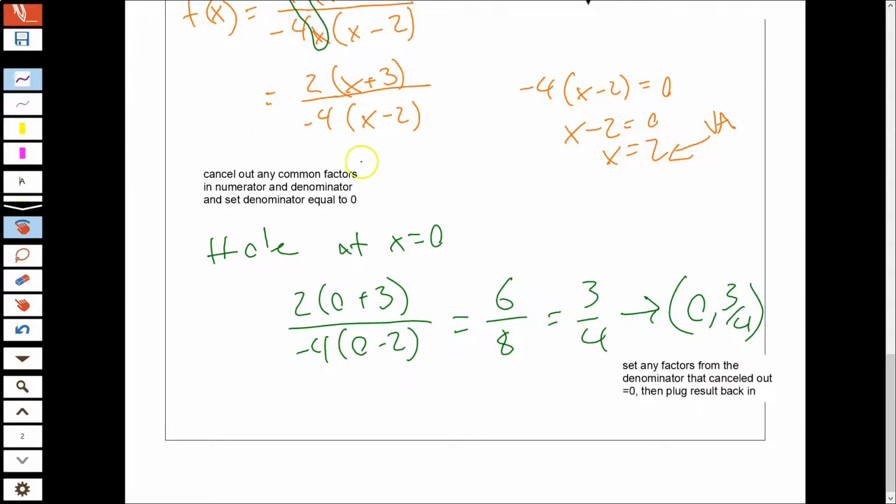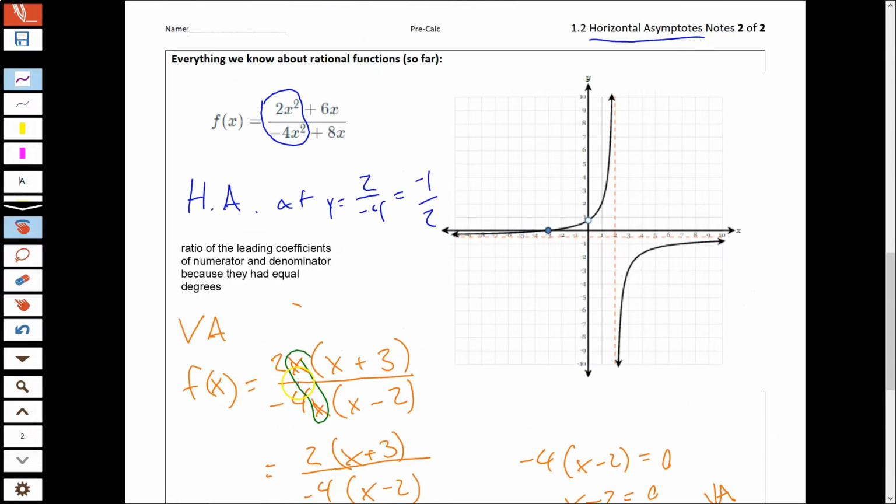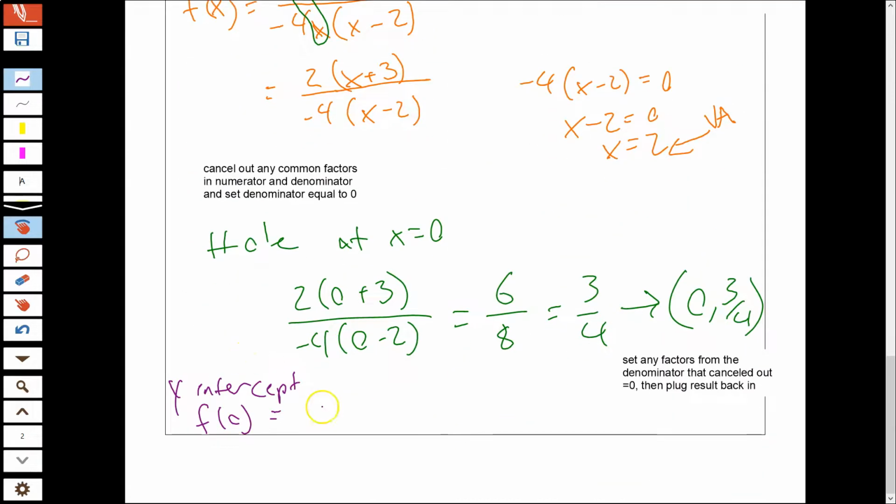So my y-intercept is just going to be f of 0. So it's what I get when I plug in 0 for x. And I'm going to use this time the original function. Right, so I get 2 times 0 squared plus 6 times 0 over negative 4 times 0 squared plus 8 times 0.